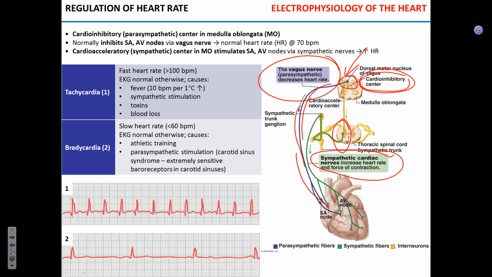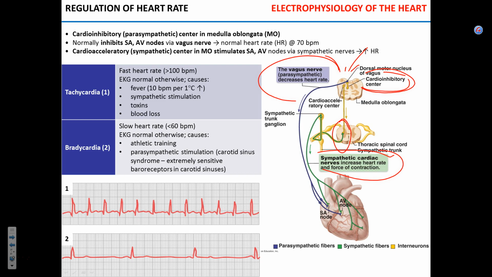Does that make sense? Now, when you have sympathetic activation, what happens to parasympathetic signals? They go down, right? So there's no more signals going through the vagus nerve. They kind of fade away.